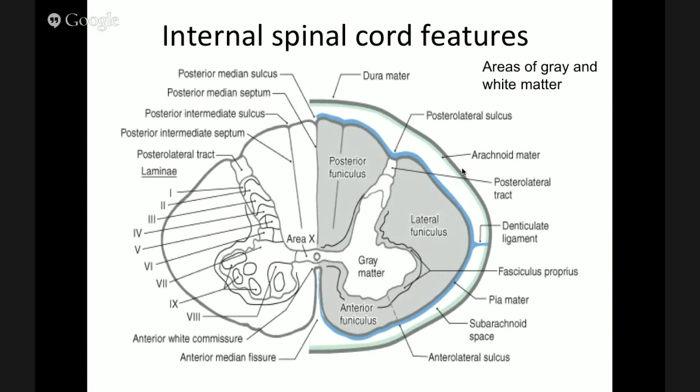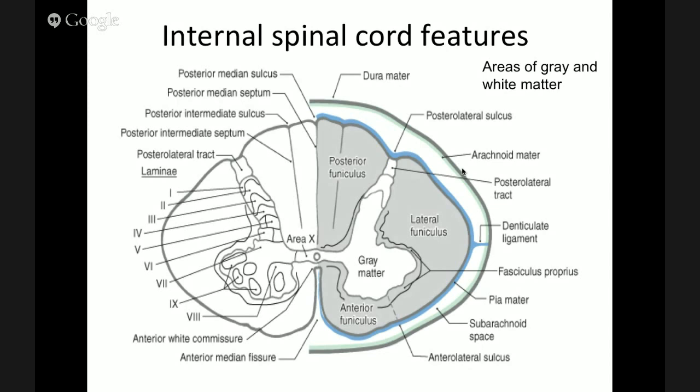So the white matter can be described in terms of three major regions: the posterior funiculus, which is located between the posterior or dorsal median sulcus, and the location of the dorsal horn and the posterolateral tract. So then laterally is the lateral funiculus, and anteriorly or ventrally is the anterior funiculus.